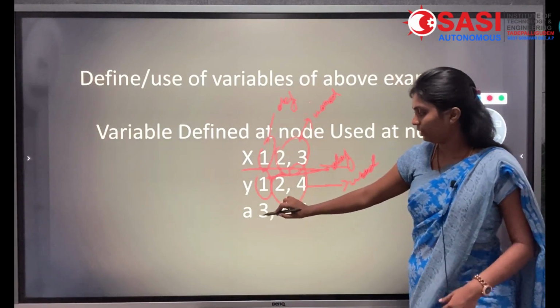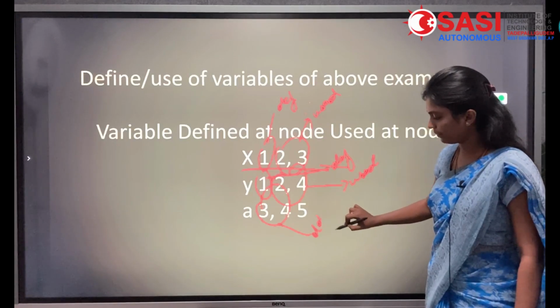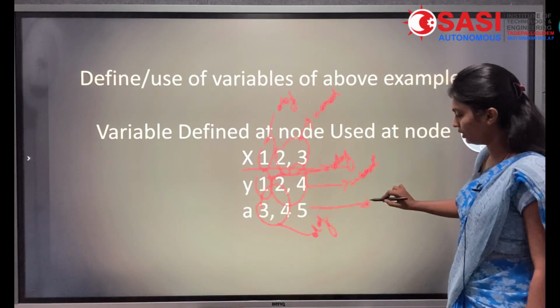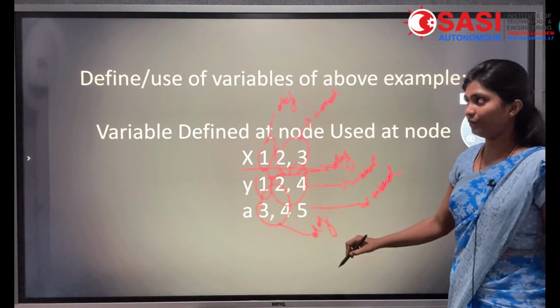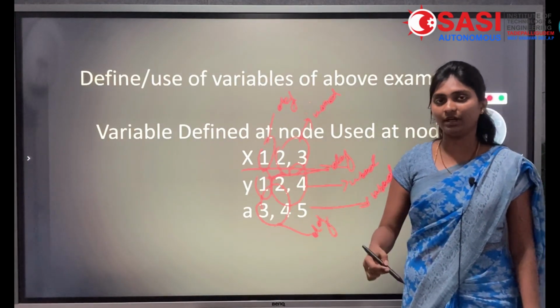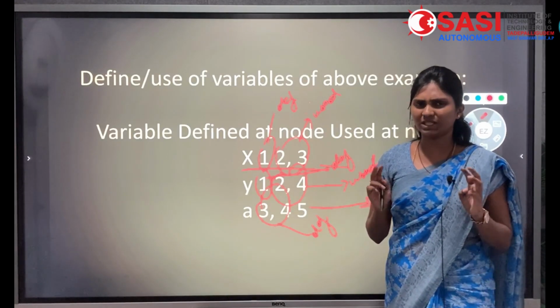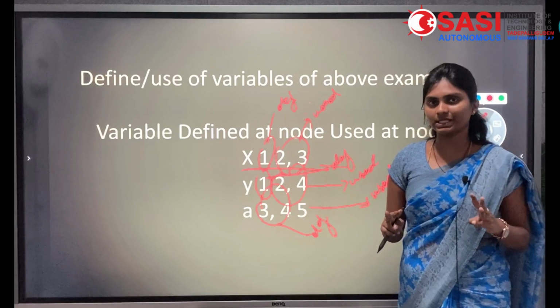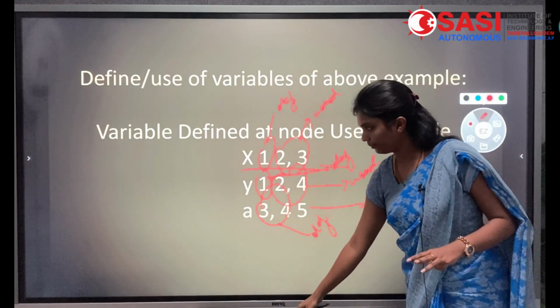Coming to a, 2 and 4 are defined variables and 5 is the used variable. So these are the variables which are assigned the values, the defined and used variables. These are the key statements used to derive data flow testing.